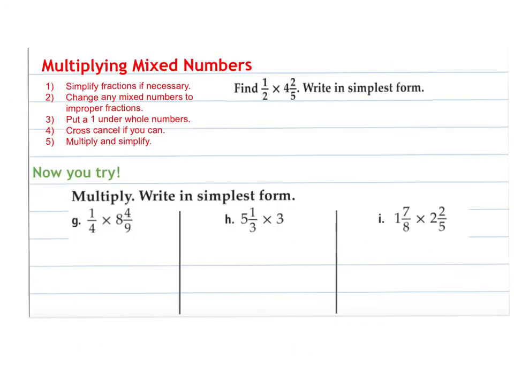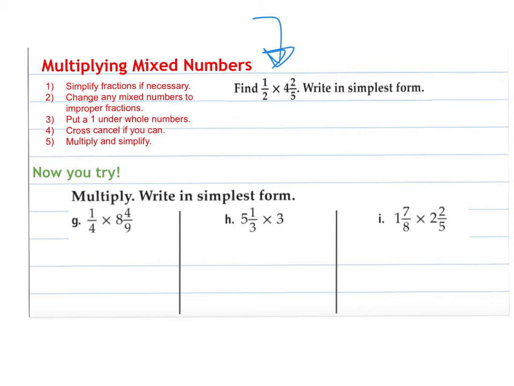All right, so when you multiply mixed numbers, you follow the same steps, except there are a couple of things you need to do beforehand when you start multiplying your fractions. So if we have this problem right here, 1/2 times 4 2/5, I can see that I'm taking half of 4 2/5, which is a mixed number.